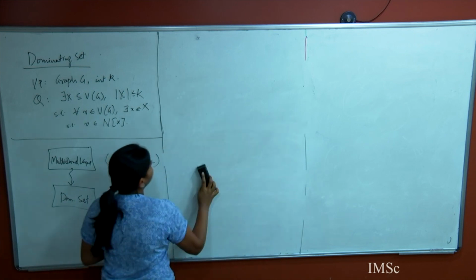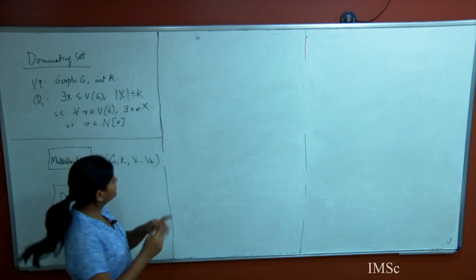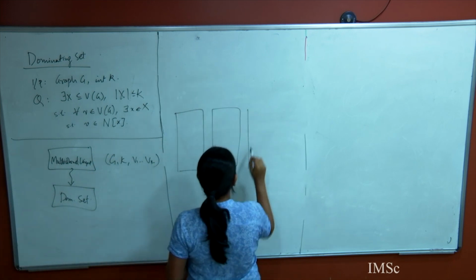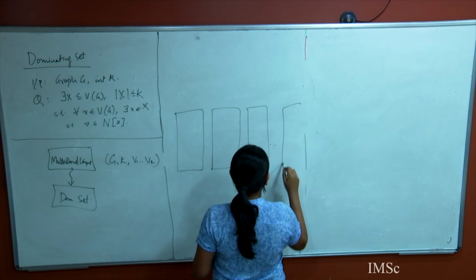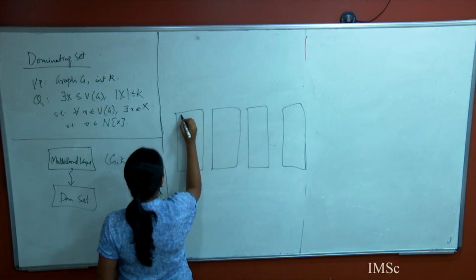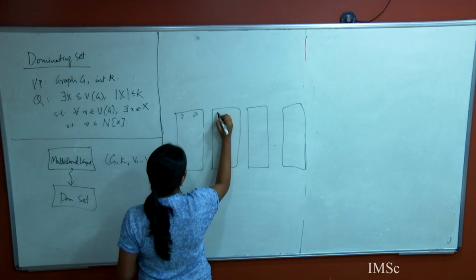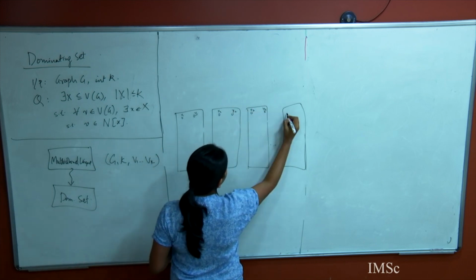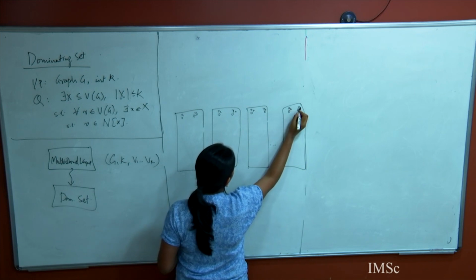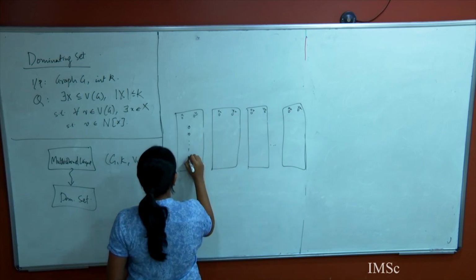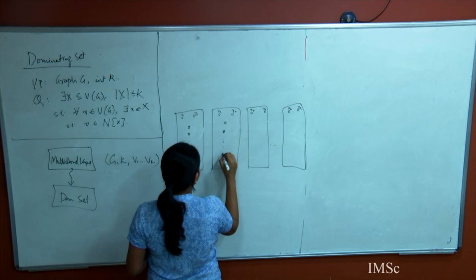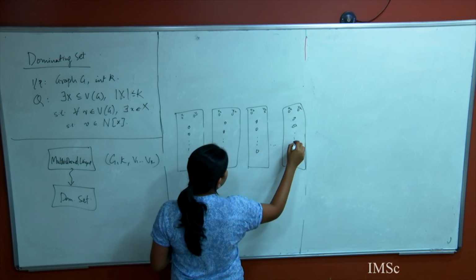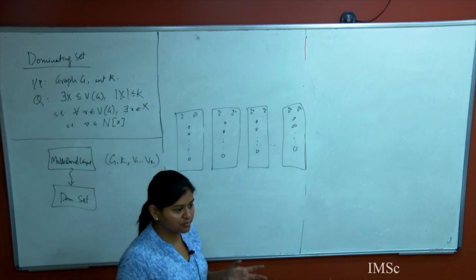So our picture has changed a little. So we have here x1, y1, x2, y2, x3, y3 up to xk, yk. Okay, and we have our original vertices here. So now what we have achieved is selection of one vertex from each part.